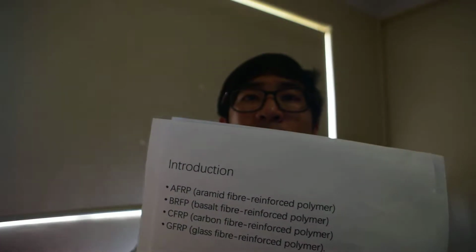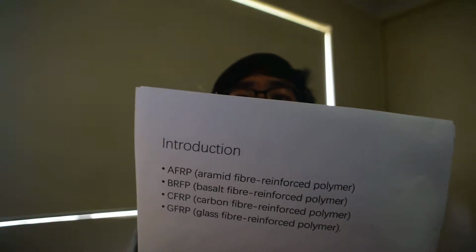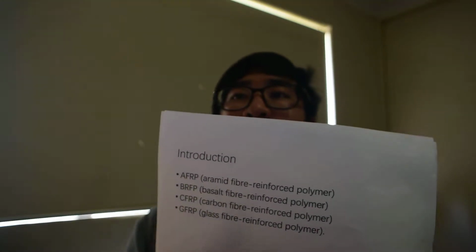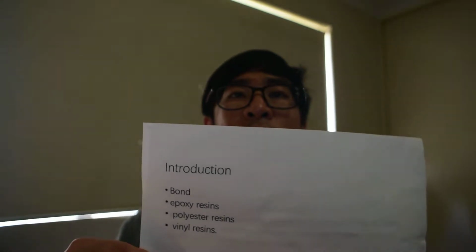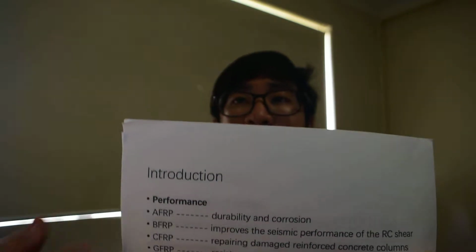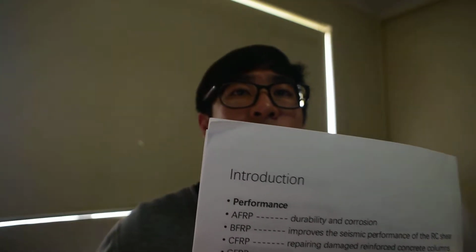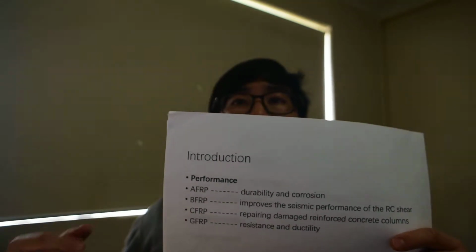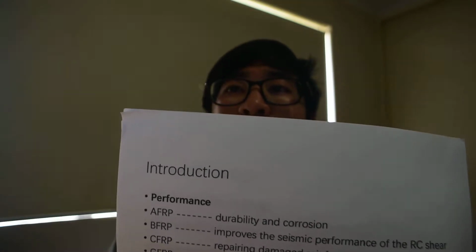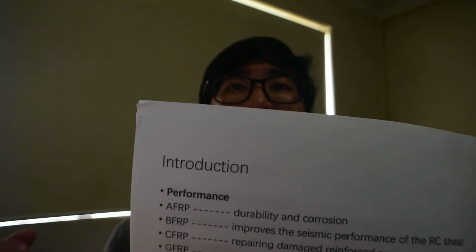The fiber composite components commonly include AFRP, BFRP, CFRP, and GFRP. These four commonly used FRPs can improve the bending moment, shear resistance, and torsion resistance of the construction in terms of strengthening the RC components.